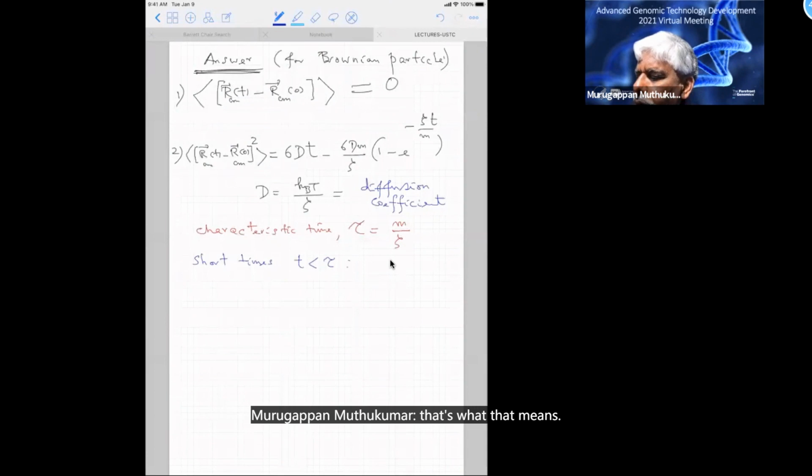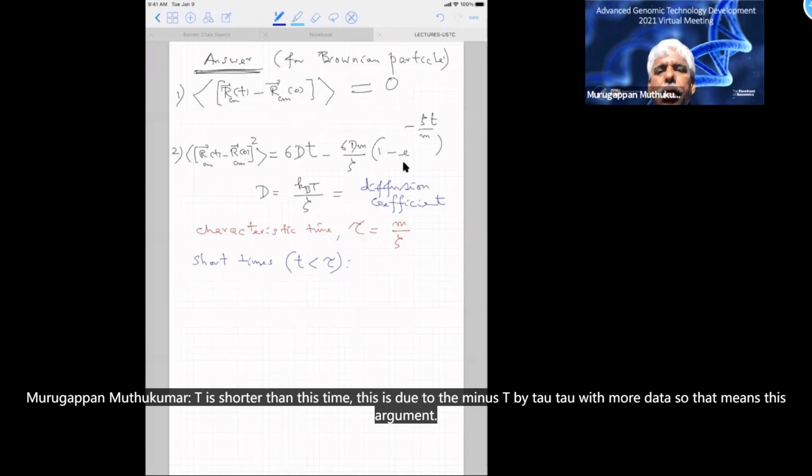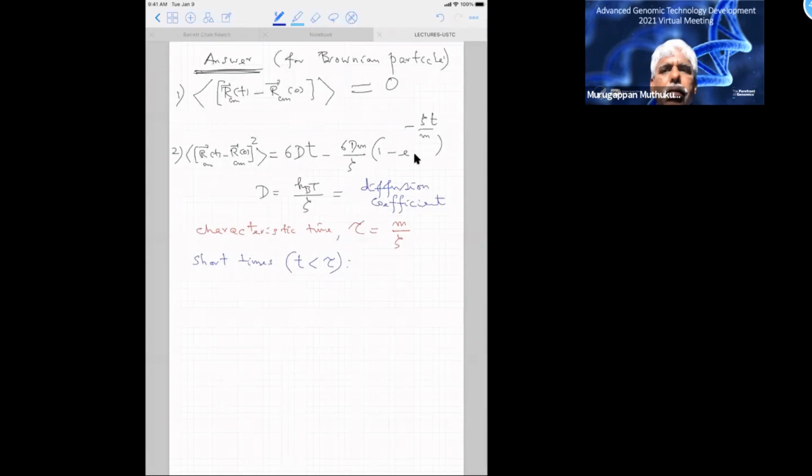If t is shorter than this time, this is e to the minus t by tau, where tau is m over zeta. So the argument of this exponential is small, and I can expand it.